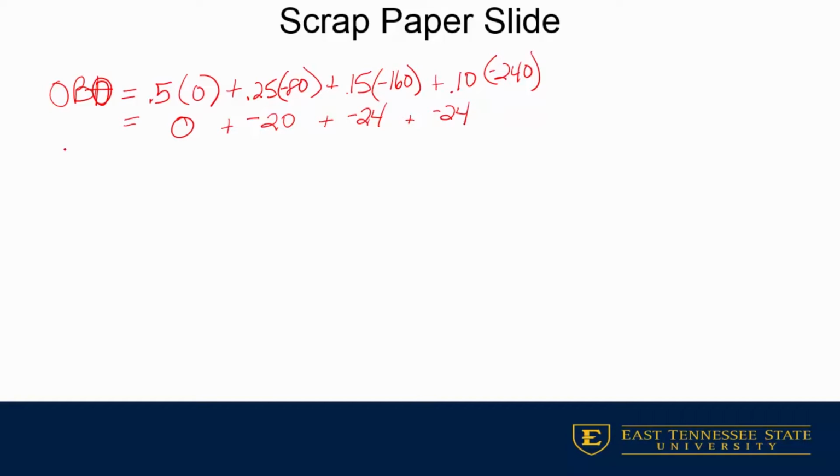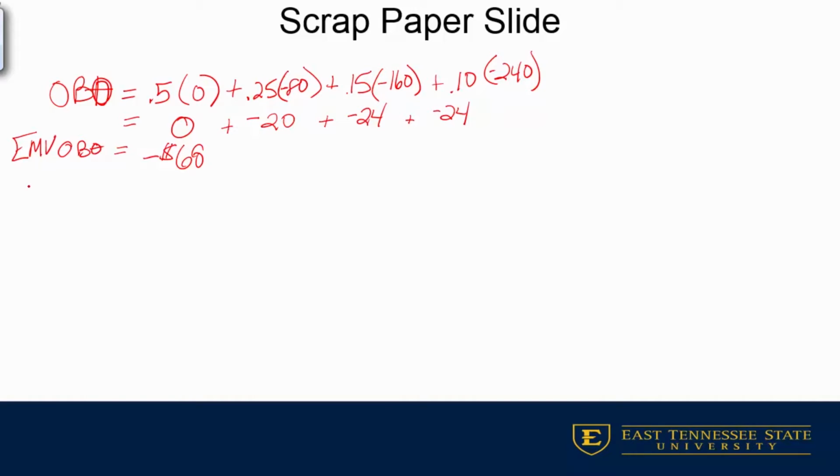So if I overbook 0 rooms, my expected monetary value would be 0 minus 20 minus 24 minus 24, which is a negative 68. I would be out $68.